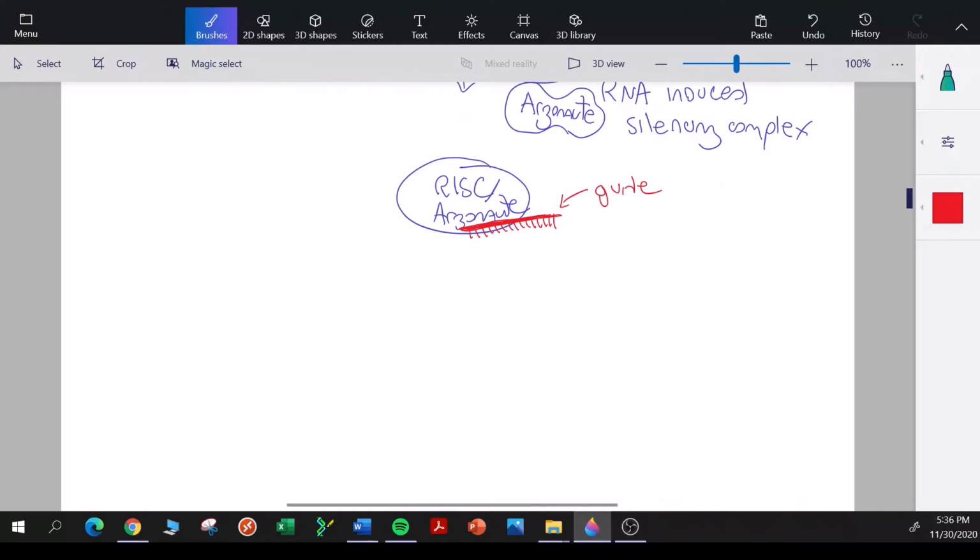And if it finds a messenger RNA with a complementary sequence, it will cleave that messenger RNA.